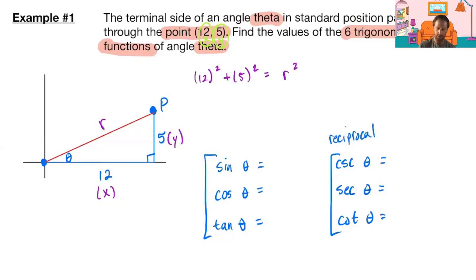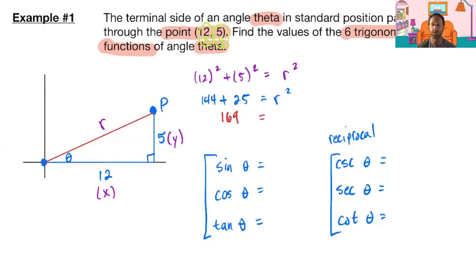Okay, so I need to find r first. In order to do that, I'm going to square 12, which is 144. I'm going to square 5, which is 25. And then I'm going to add those together to get 169. You know what? I don't even want to do this.